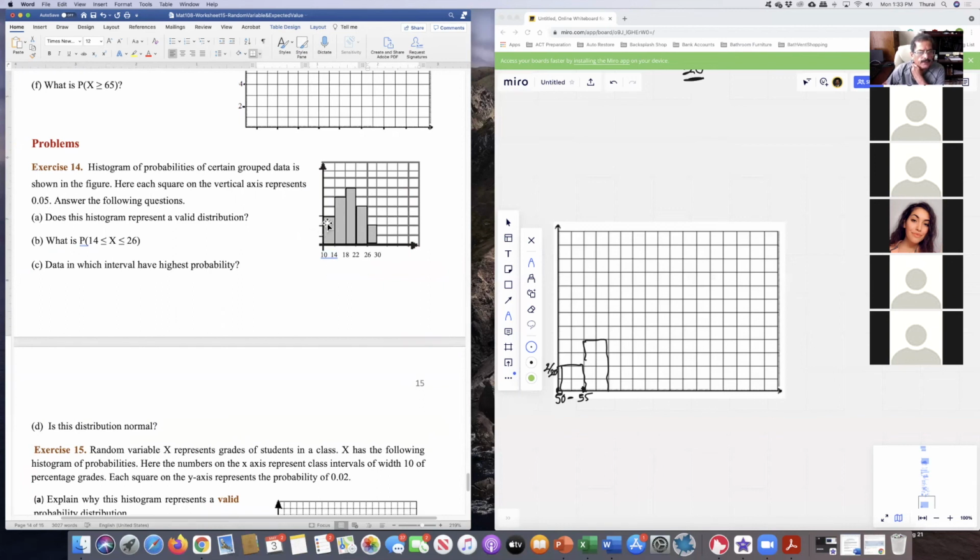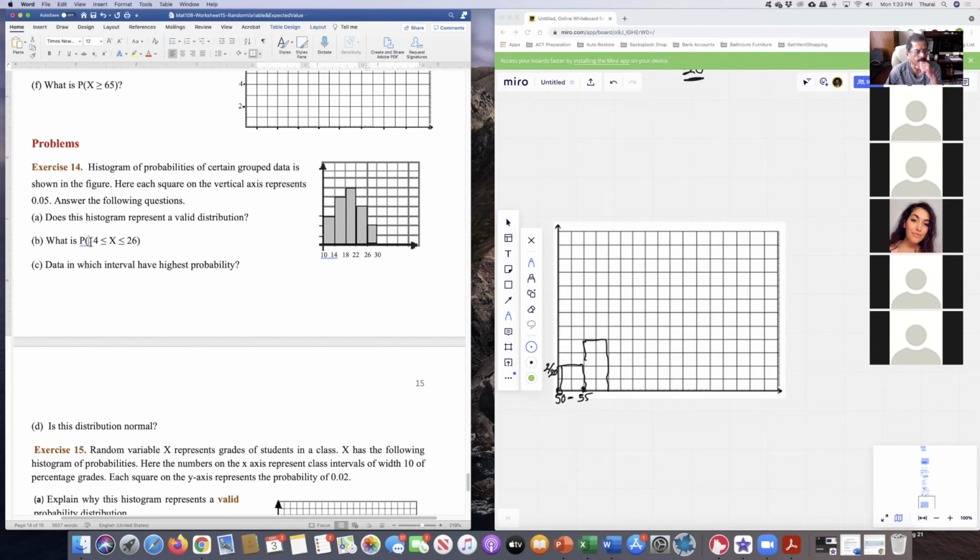So that's 0.15, the height of this first bar. The second bar is 0.25. So add up all those heights. If they add up to 1, then the probabilities are adding up to 1. So therefore, it is valid.